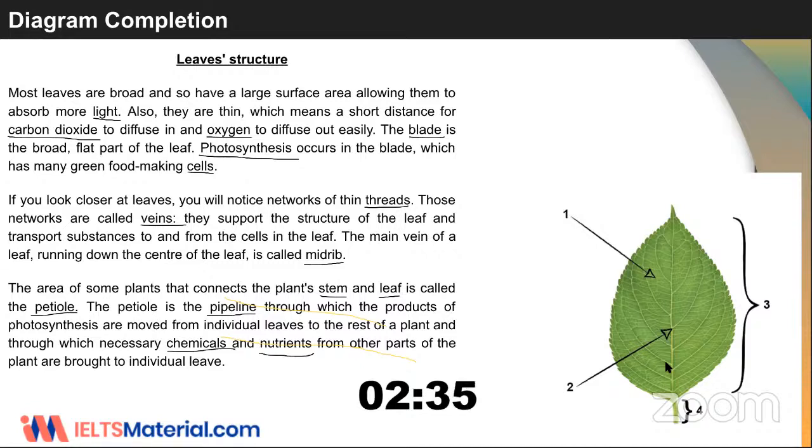Not now, when you have 30 seconds left. Start finding the answers from the words given. I've given you a very easy method to do the diagram completion and to find out what answers you can get from these underlined words. Also try to understand the meaning of those words and then relate it to the labeling part.